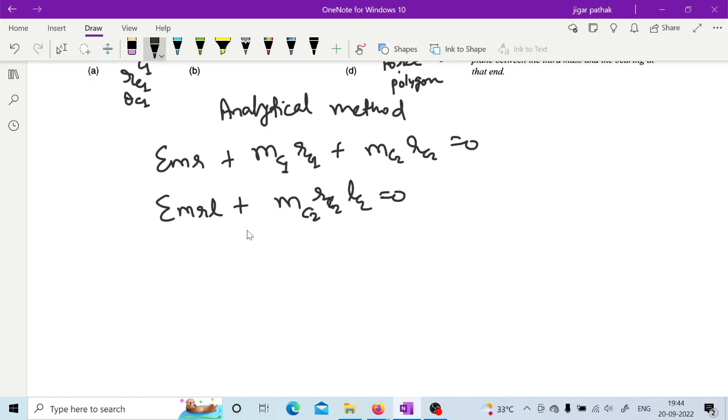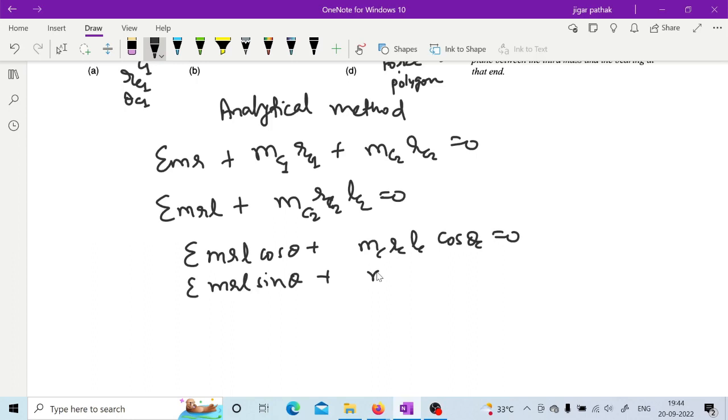And once you have this, then again you can go for sigma mrl cos theta plus MC RC LC cos theta C equals to 0. Similarly, sigma mrl sin theta plus MC RC LC sin theta C equals to 0. From this you can calculate MC RC LC.